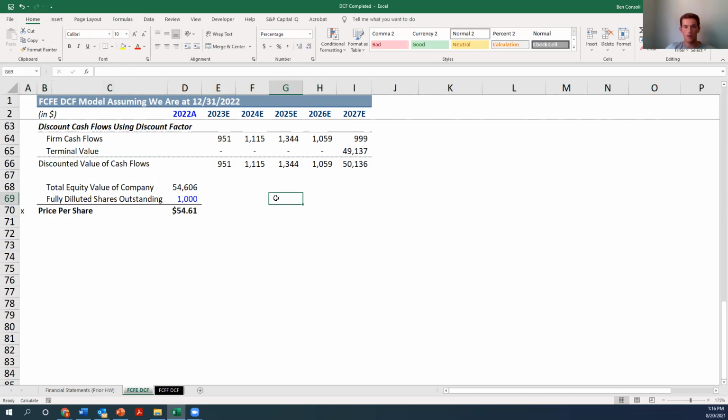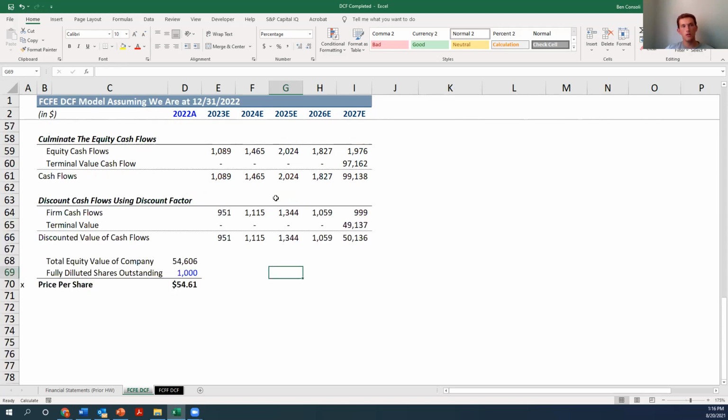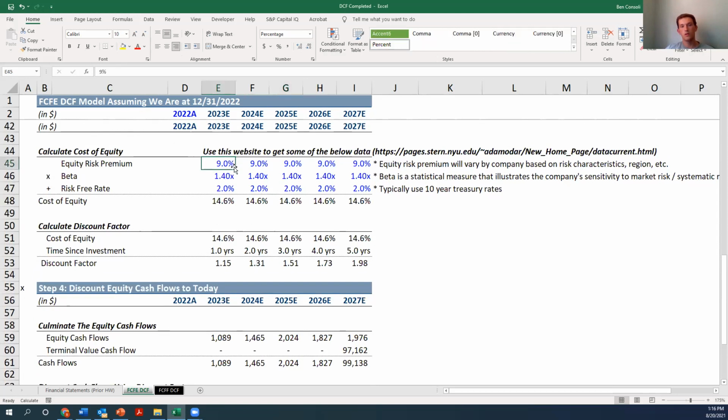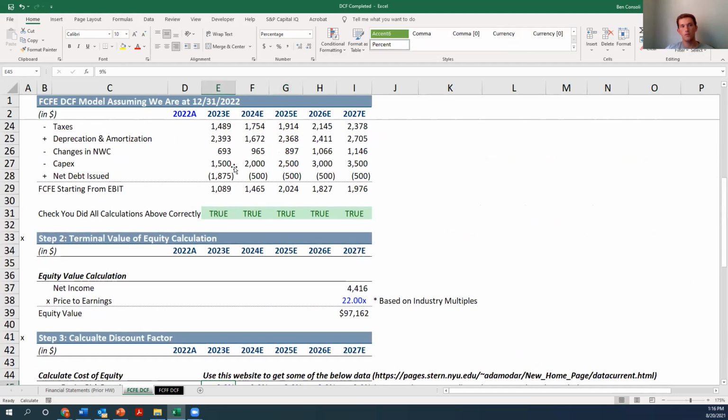To do that, you divide the total equity value by the number of fully diluted shares outstanding, which in this case is 1,000. So you divide the total equity value of 54,606 by 1,000, which gets you to $54.61 per share.